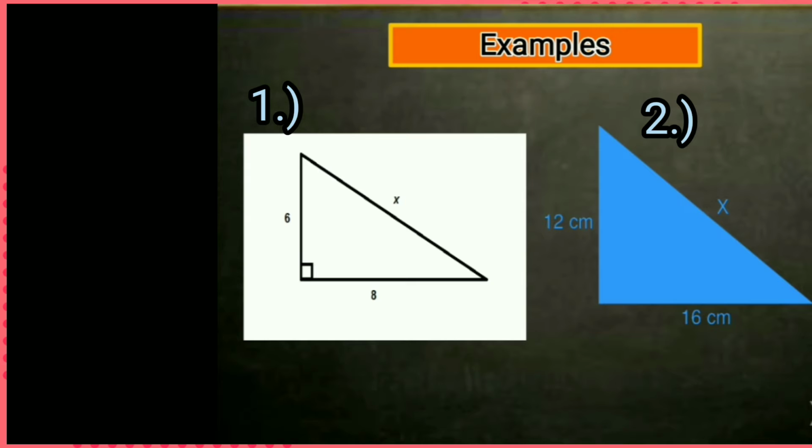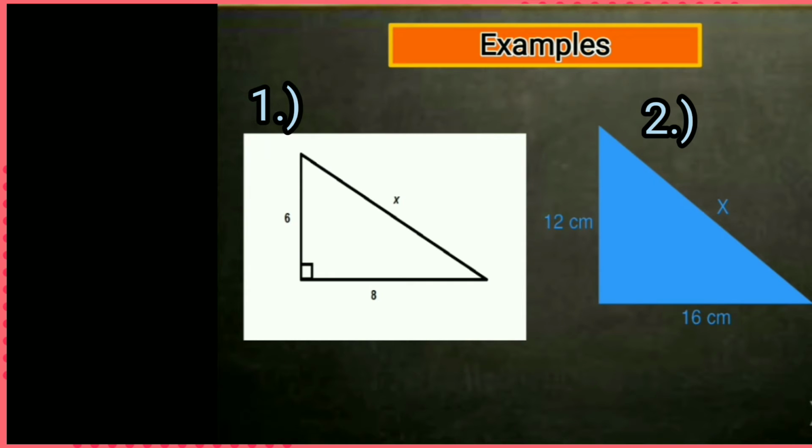So here are the examples. Example number one: we have height 6 and base 8, and the unknown side is our hypotenuse. The second example: we have height 12 centimeters and base 16 centimeters, and our unknown side is the hypotenuse.